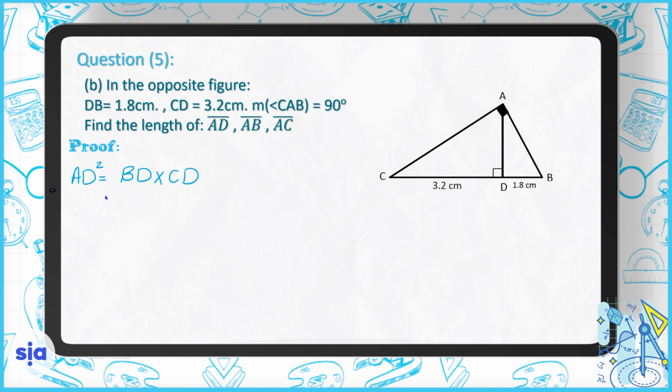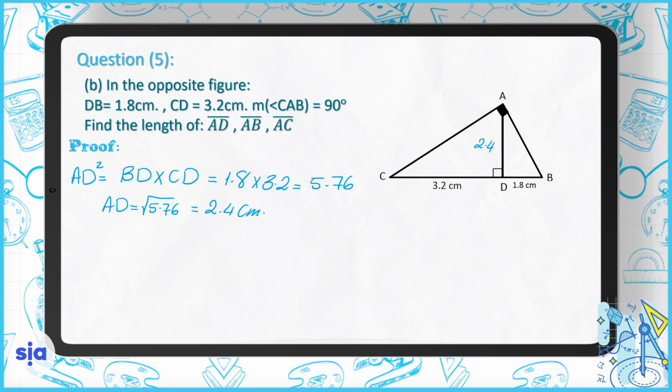So it's equal to 1.8 multiplied by 3.2, which is 5.76. So AD is the square root of 5.76, which is 2.4 centimeters.